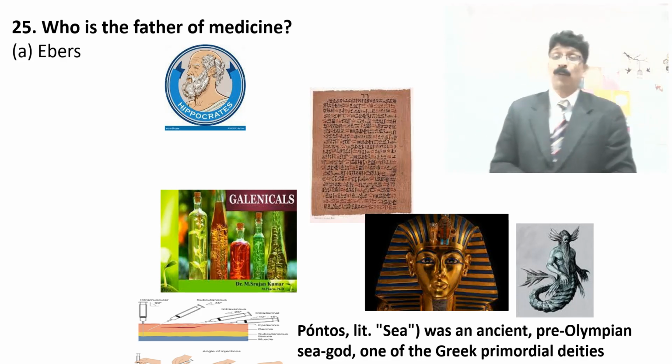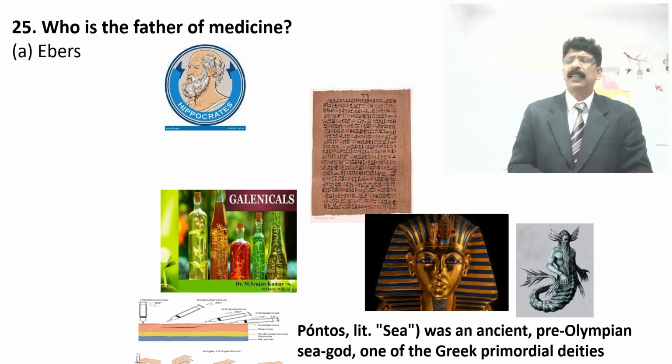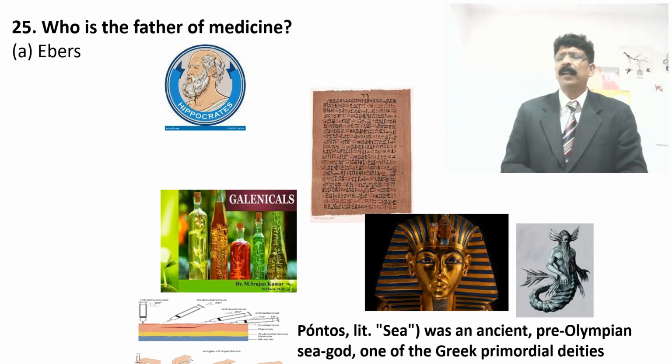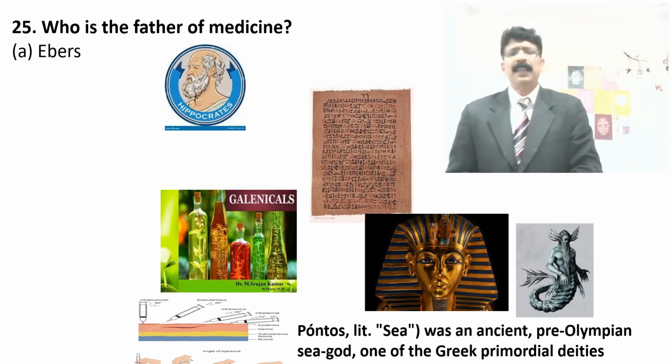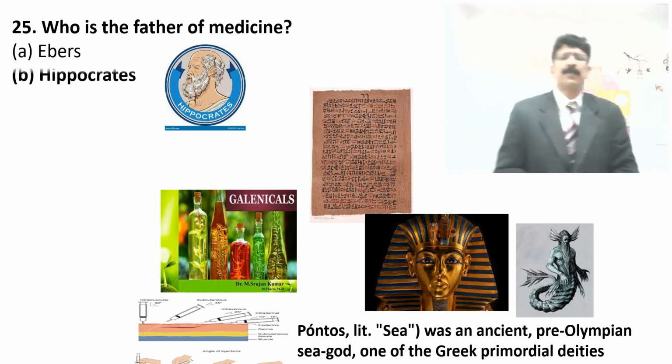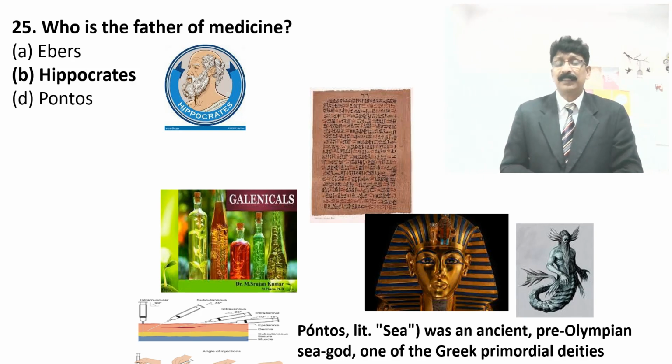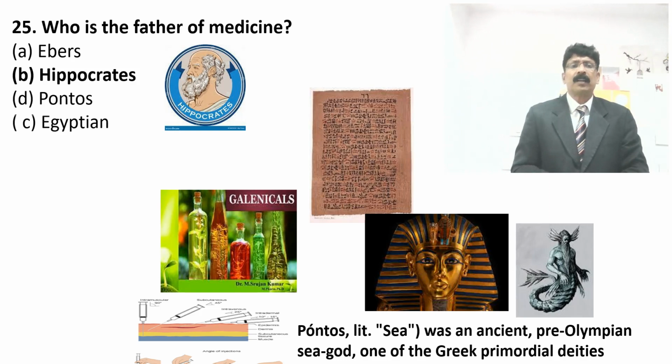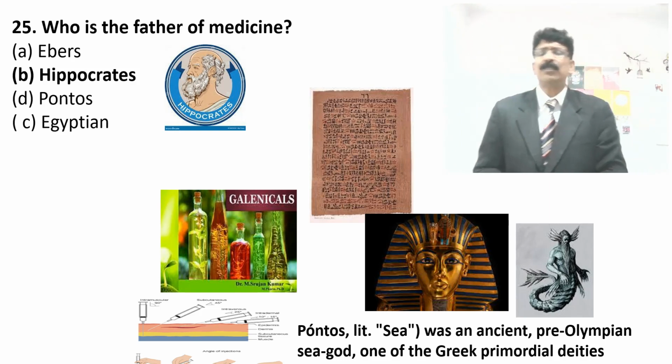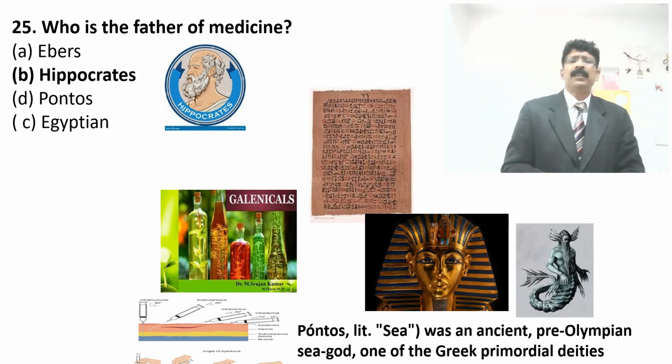First one is Ebers; there is a prescription. Hippocrates is the father of medicine. Pontos is the Greek sea god. And the Egyptian one is from the Egyptian tomb, which has the prescription but is not the father of medicine.